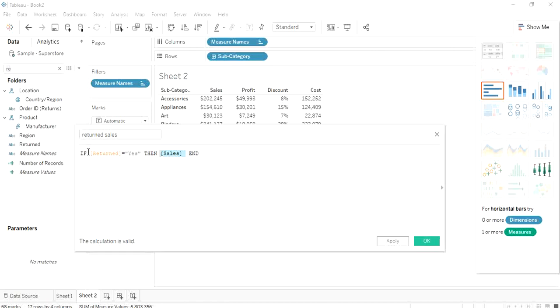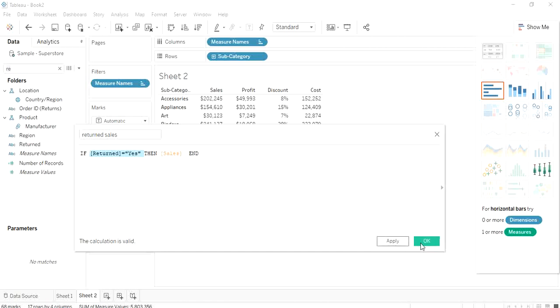So what it will do is check whether this holds true, and only then aggregate the sales. Wherever the condition is not met, it will ignore those records. It will only aggregate those records where return is yes. That is what this means.